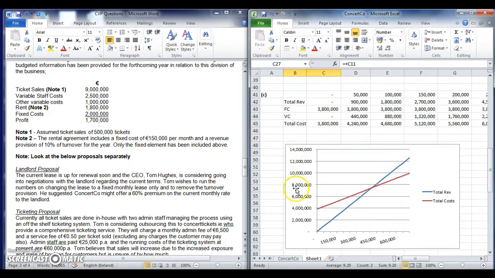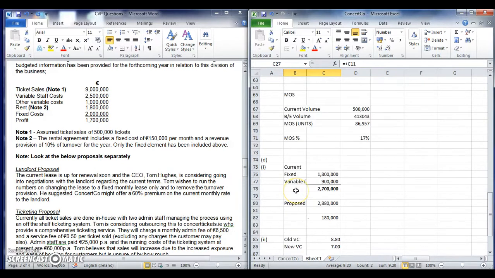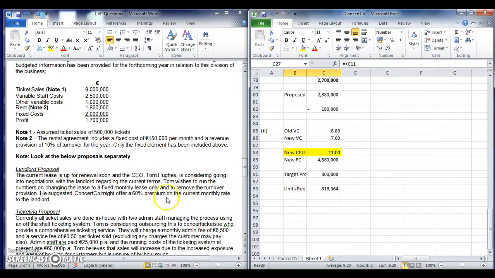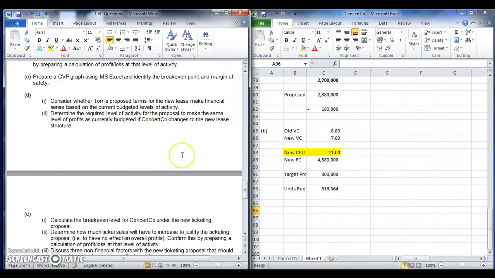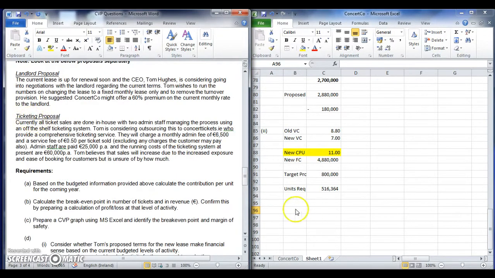Just bear in mind that when you're looking at understanding the cost structures that are involved. Because you limit the involvement of the landlord in their turnover, you limit their profitability, and ultimately the profits then come to you, ConcertCo. So that is a landlord, again a practical scenario, and the last one then is to do with a ticketing proposal.